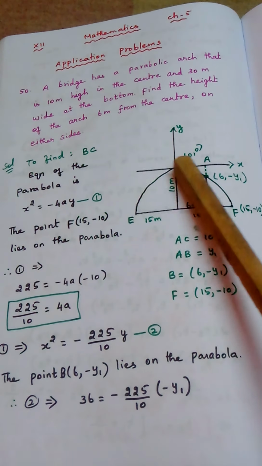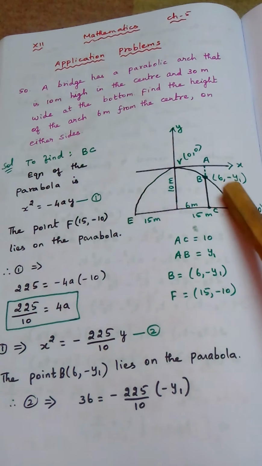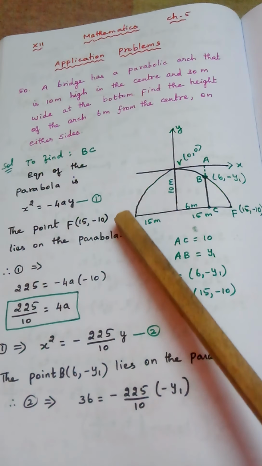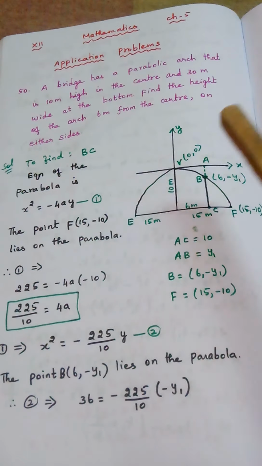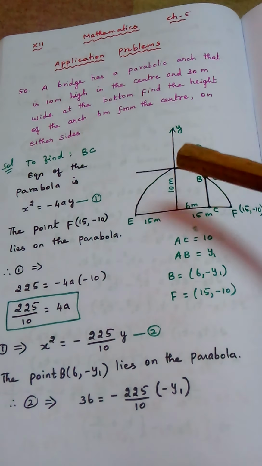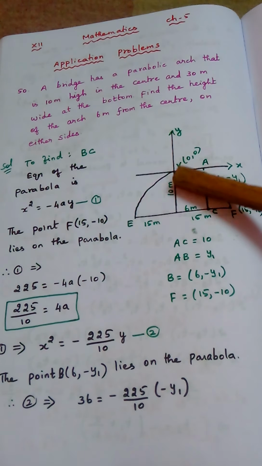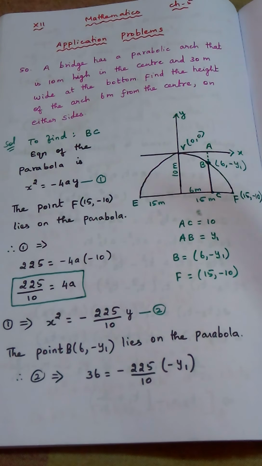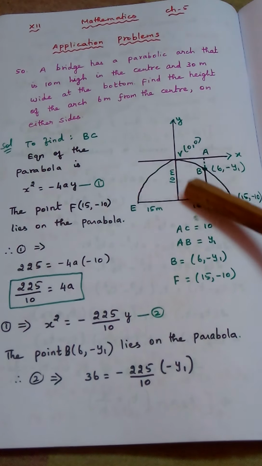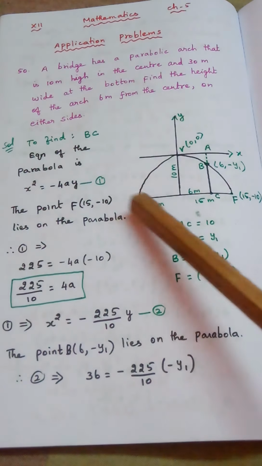So you consider this as the arch of a bridge. A bridge has a parabolic arch whose height is 10 meters at the center. So the height at the center is 10 meters.